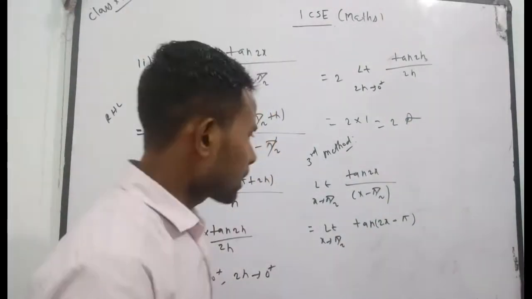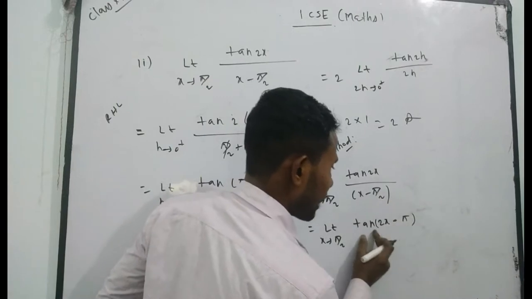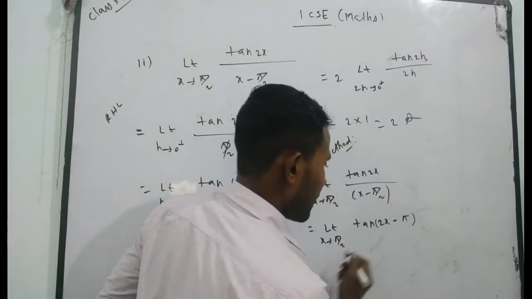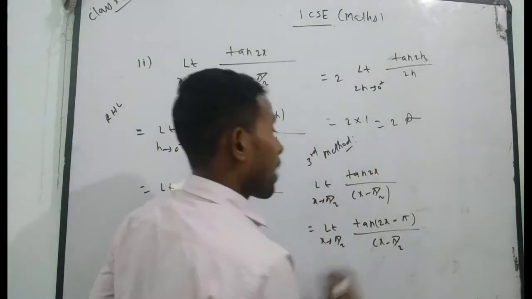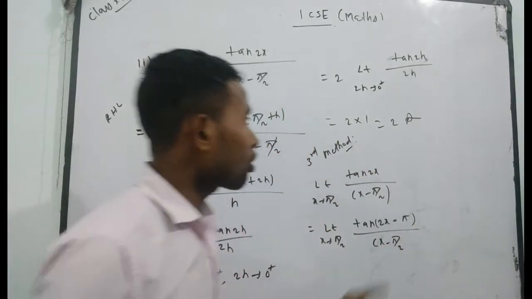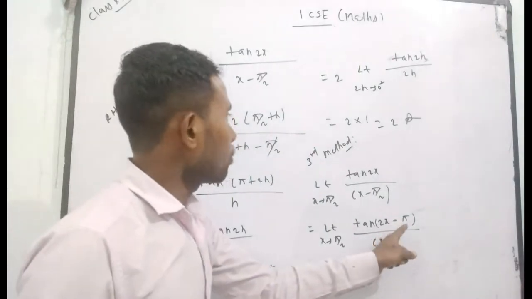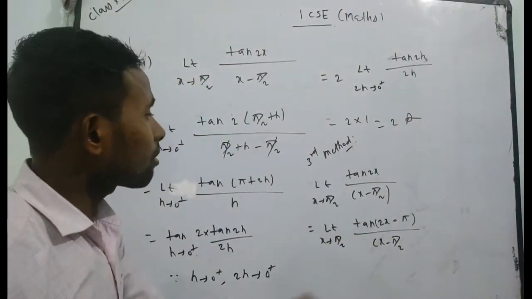So I want to tell you, write 2x minus pi. In the denominator, what do you get? x minus pi by 2. Now I want to manipulate it. Is it correct or not?